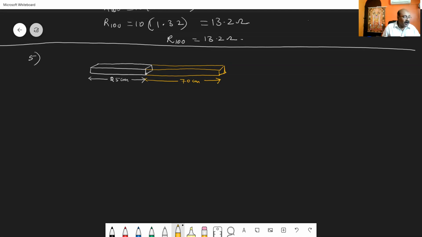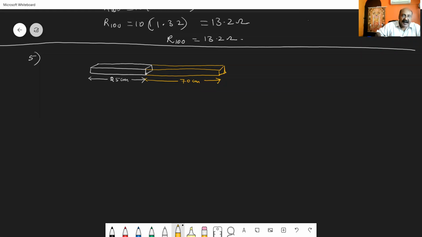The resistivity of the first material is 4 into 10 to the power of minus 3 ohm meter, and it is 25 centimeter long, while the second material has resistivity 5 into 10 to the power of minus 3 ohm meter and is 70 centimeter long. What is the resistance of the rod between its ends?